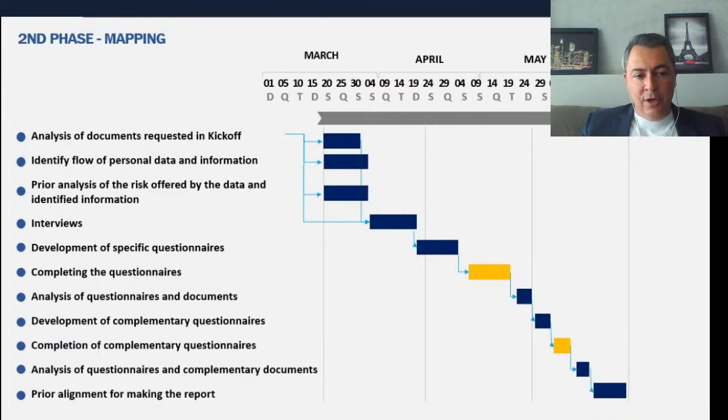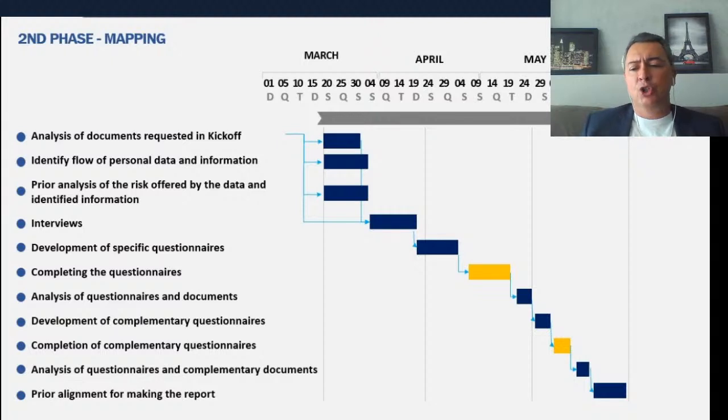Then once we get those answers, we keep analyzing all the information coming from the organization. We might need to make some complementary questionnaires, just some complementary questions that we might need to ask. We complement all the information with these complementary answers that will come from the area, and then we'll start working on the report.